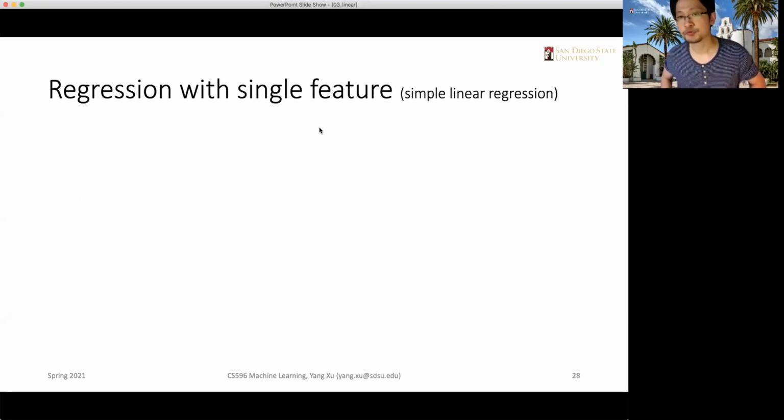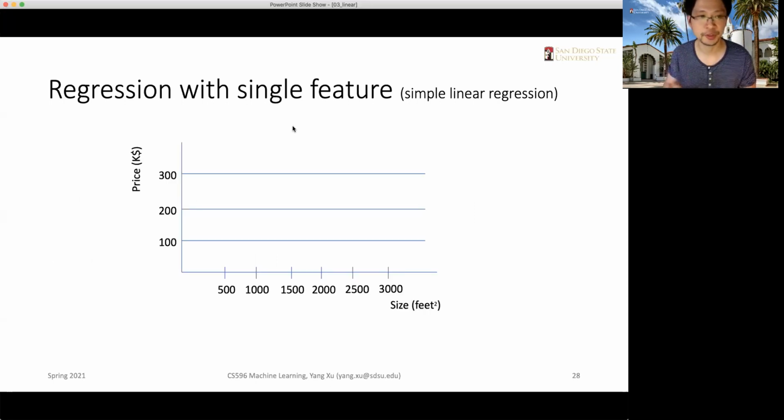So let's start with one feature. If it's a regression with one single feature, what would it be like? Okay, so let's look at if we take the size as the one feature to predict the price, and the price is in $1,000, and the size is in square feet. Say we have collected a bunch of data from the markets, and we can plot the data by price versus size on these charts.